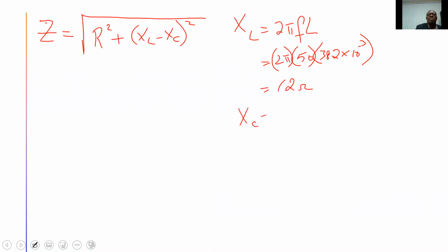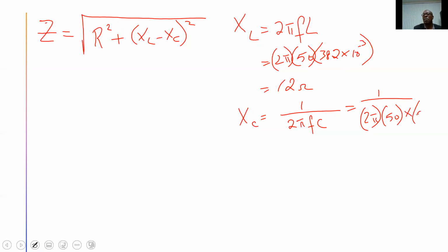XC is equal to 1 over 2 pi fC, which is equal to 1 over 2 pi times 50 times 530.5 times 10 to the minus 6. And this gives us 6 ohms.